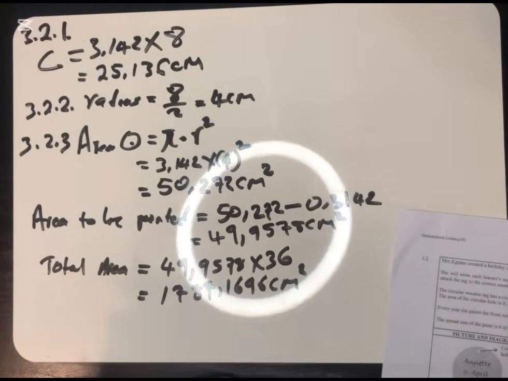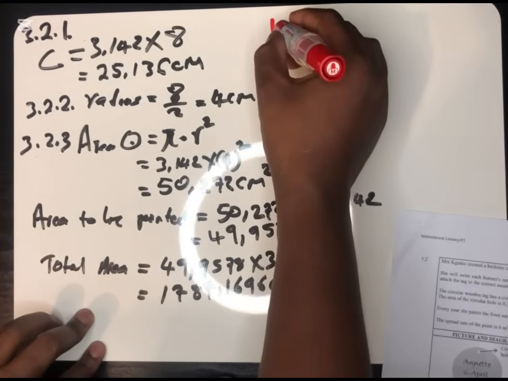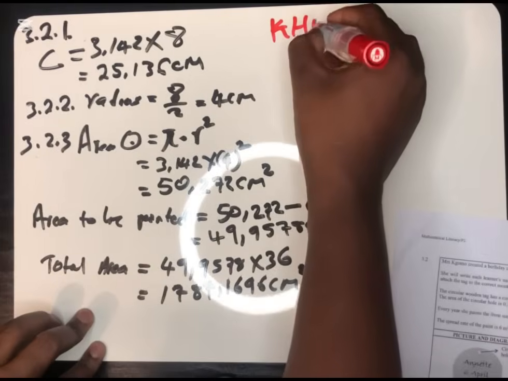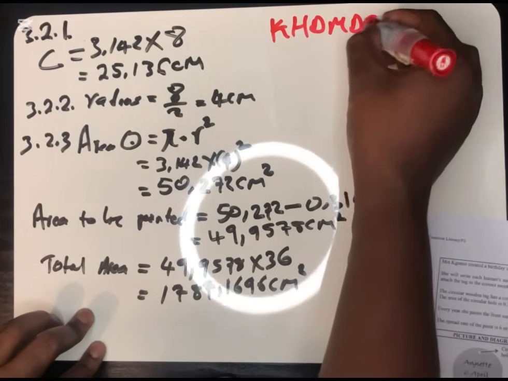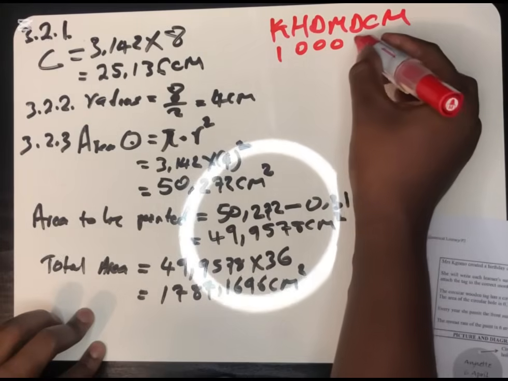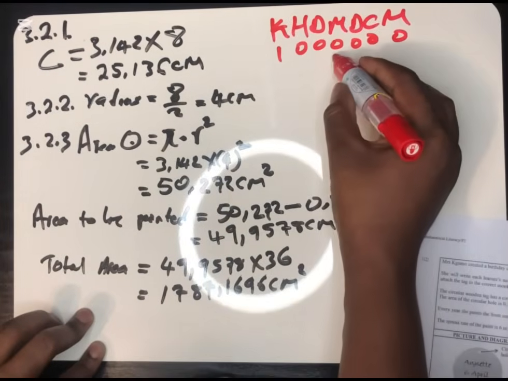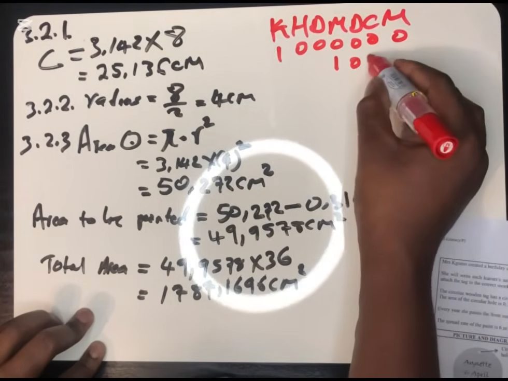Let me use a different pen for this, because there's something very important here. Conversion. The King Harry died a miserable death called malaria, which is 1,000,000. Now we look for meters and centimeters. Meters is here and centimeters is there.